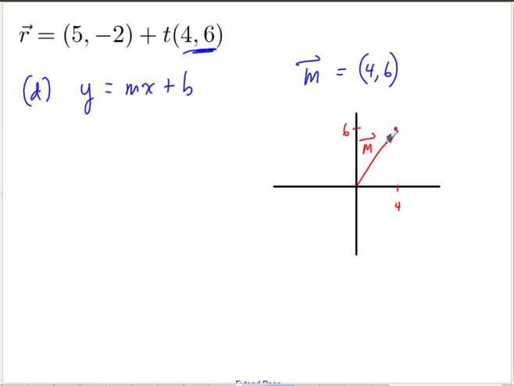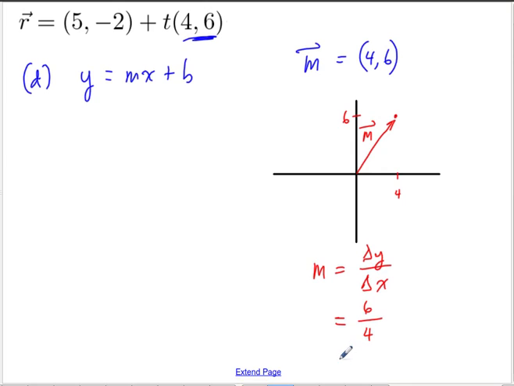But what is the slope of this? Well, we know that slope is defined as the change in y over the change in x, which in this case we went up 6 units and across 4 units. So that gives us a slope of 3 over 2. But the important part is this line where we wrote 6 over 4.